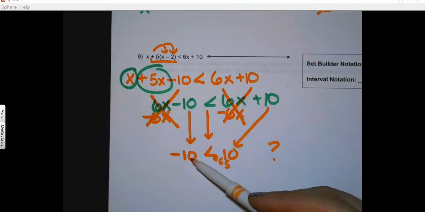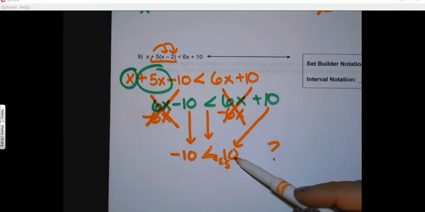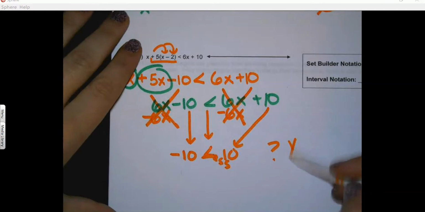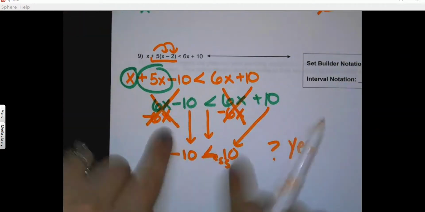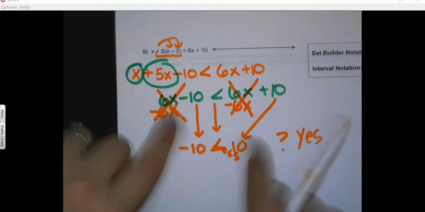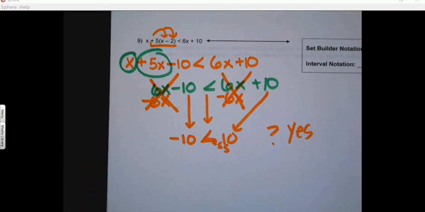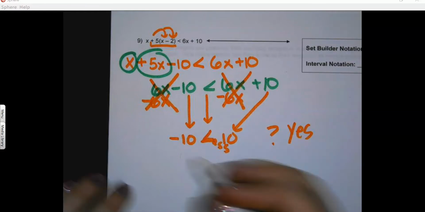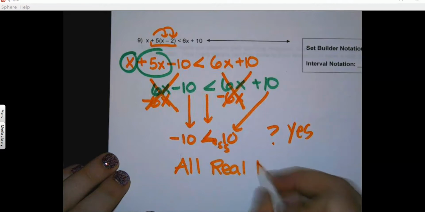Is negative 10, like owing $10, mean you have less than if you got 10? Yes, that's true. So there is no x in this problem. So when this is true and there's no x in the problem, it means that every number works. Any number can go in for x. So we call that all real numbers.